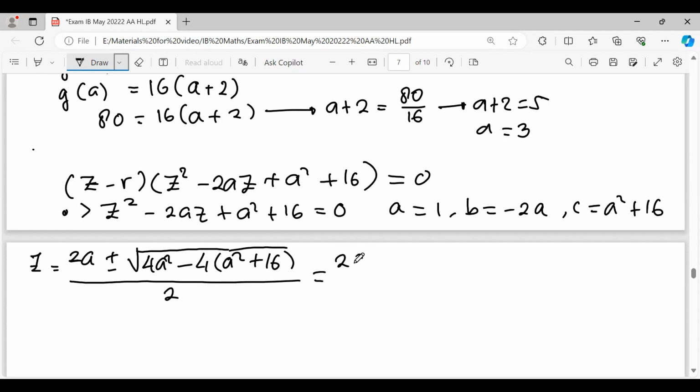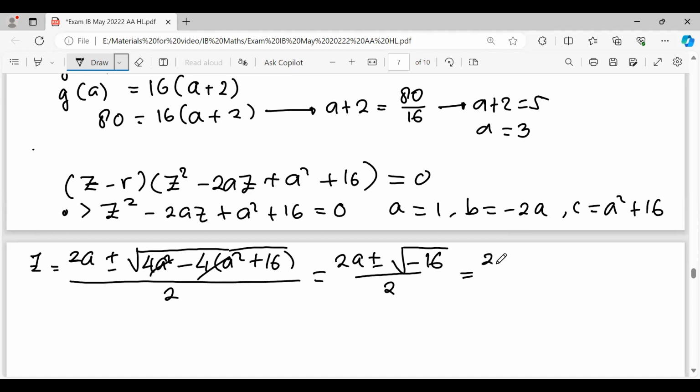This becomes 2a plus minus, cancel, the square root of minus 16 over 2. Minus 16 is minus 1 times 16, the square root of minus 1.